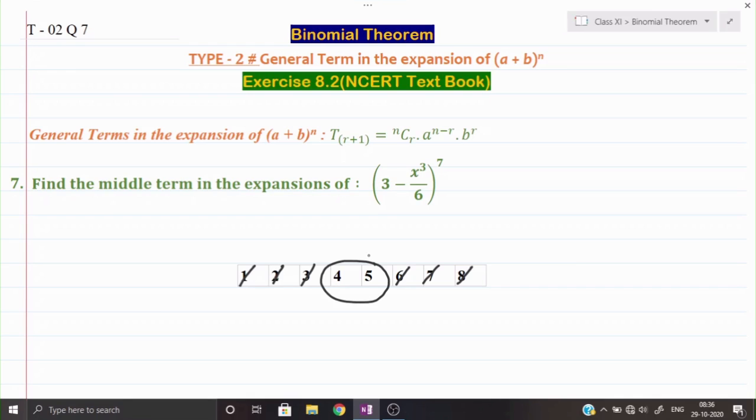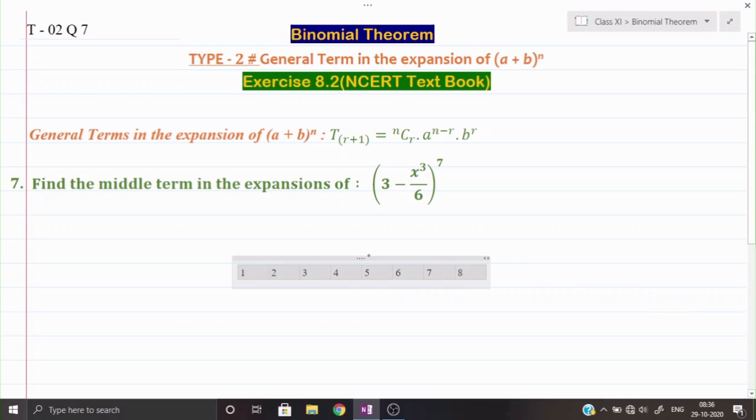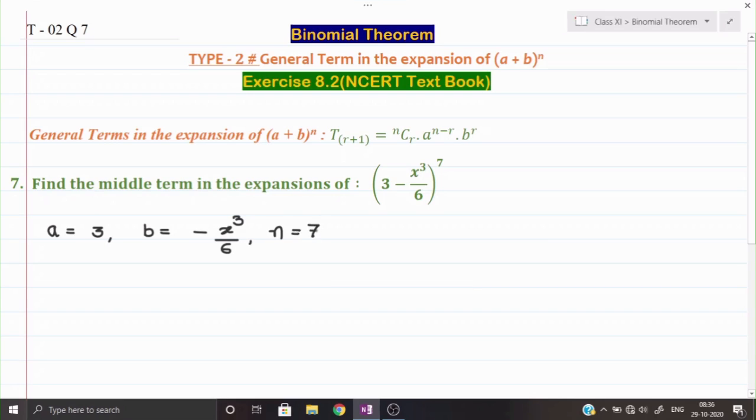Now we will find the value of the fourth and fifth terms. First we shall write down the value of a is equal to 3, b is equal to minus x³/6, and the value of n is equal to 7.